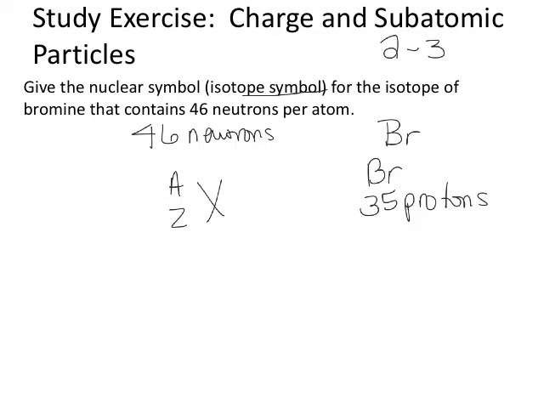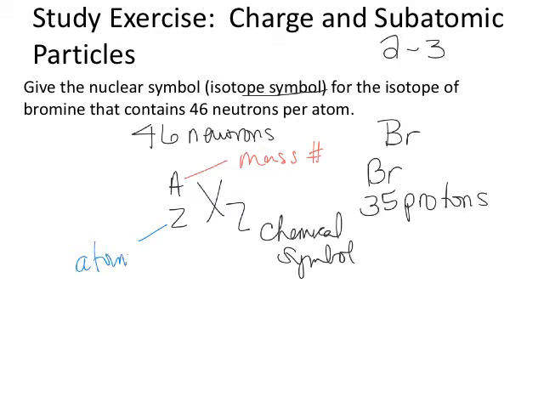You have your chemical symbol here, which is X. You have the mass number, which is A, and you have the atomic number, which is Z. So in this case, you would have bromine, and you're going to solve for the mass, and the number of protons, the atomic number, is going to be 35.